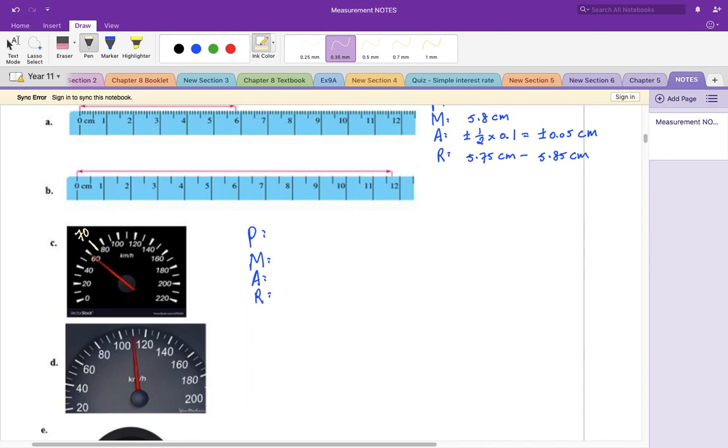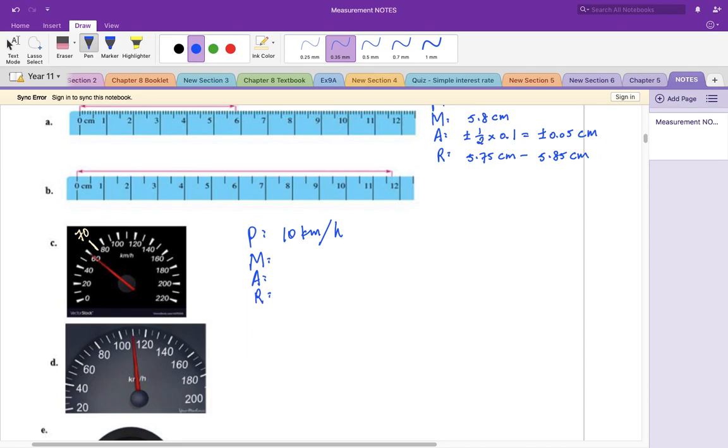So for this question, it's to the nearest 10 because it goes up by 10, right? 0, 10, 20, 30, 40. So it's to the nearest 10 kilometers per hour. Or you can just think, from 60 to 80, it went up by 20, right? So I can only read the middle one. The middle one is 20 divided by 2, 10.